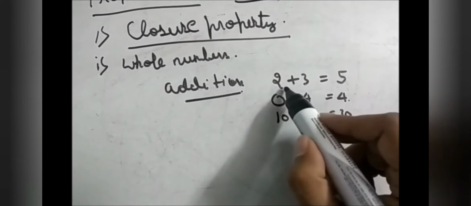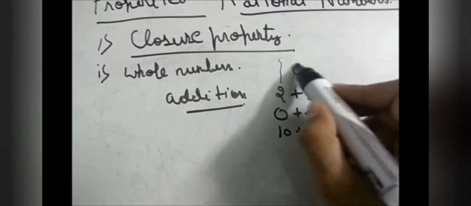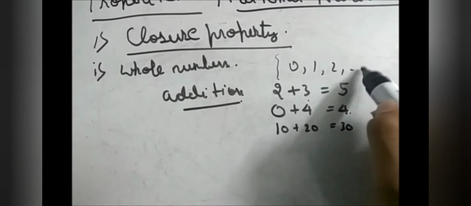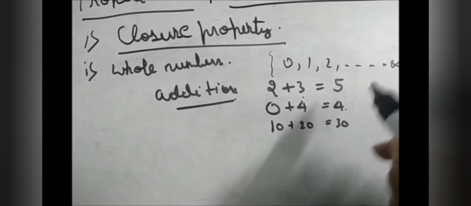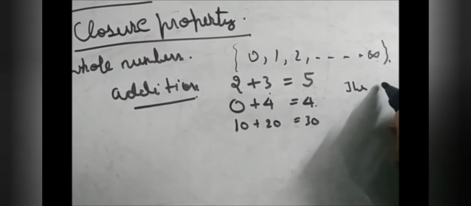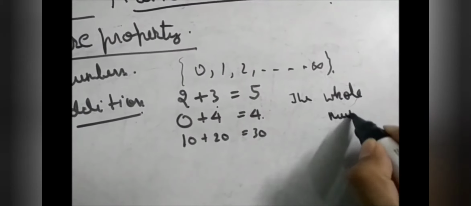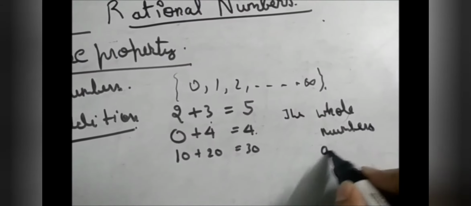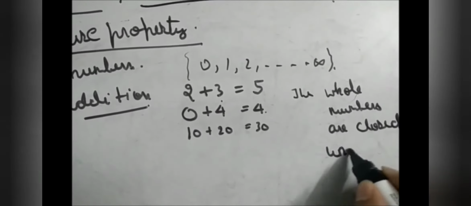Any elements from the set of whole numbers, if taken and added, give an element which is present in the whole numbers. So we can say whole numbers are closed under addition.